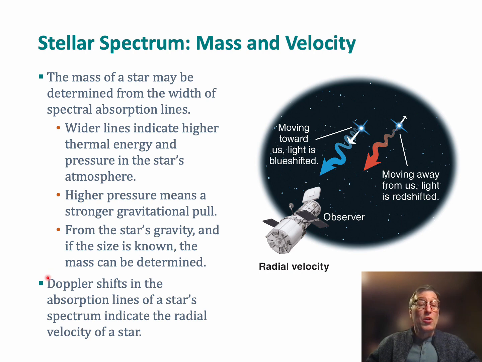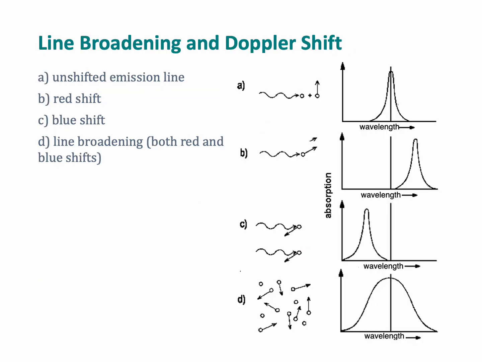We can also determine if the star is approaching us or receding from us by looking at the Doppler shift of those absorption lines. And this is illustrated on the next slide. Here we see 4 graphs, and on each of these graphs we see a representation of the width of the absorption line. So remember that rainbow that had the black bars in it.